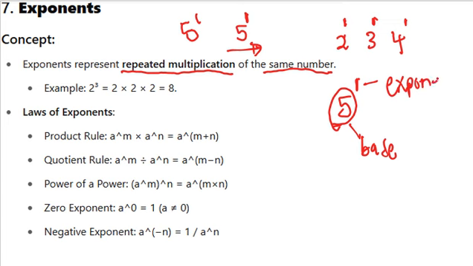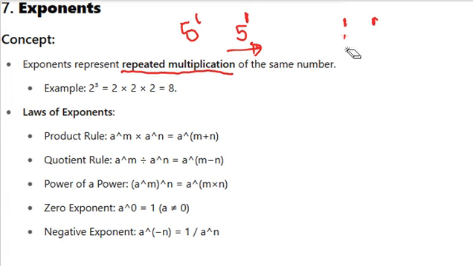That is what you need to be expecting here. It means that the base number, which is 5, is only appearing once.